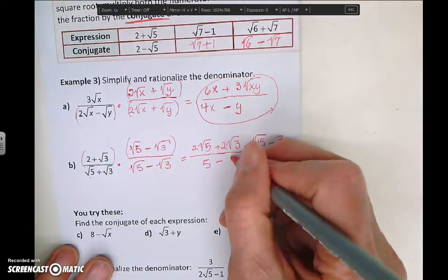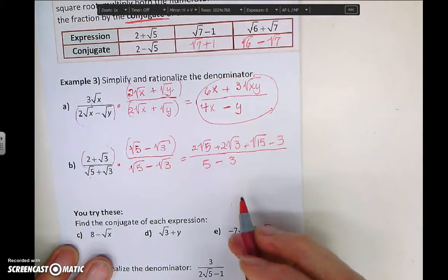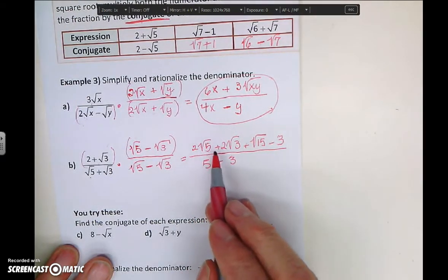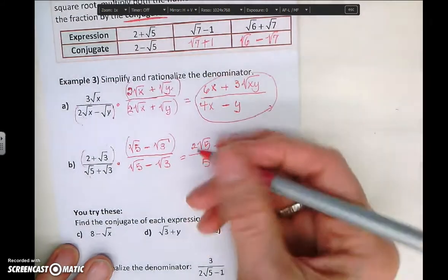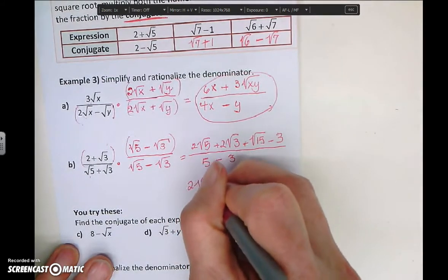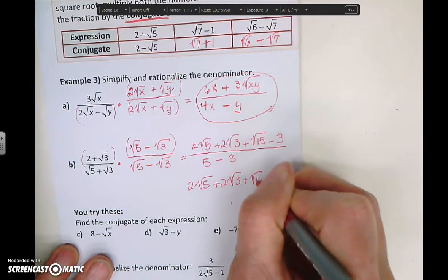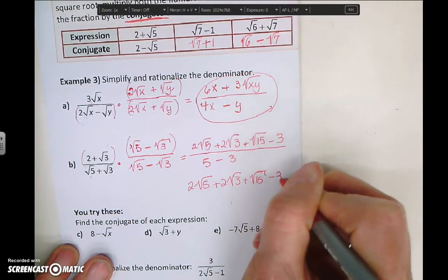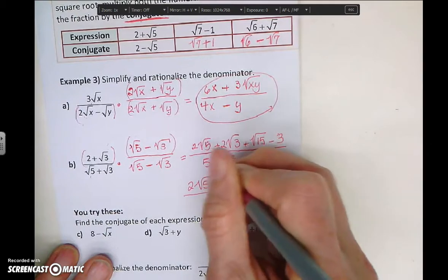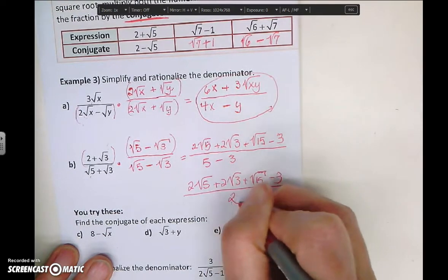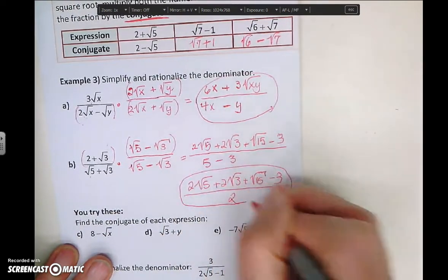Square root of 3 times square root of 3 is 3. Simplify. I don't see any like terms up there. So this is just going to stay 2 square root of 5 plus 2 square root of 3 plus square root of 15 minus 3. And then 5 minus 3 is 2.